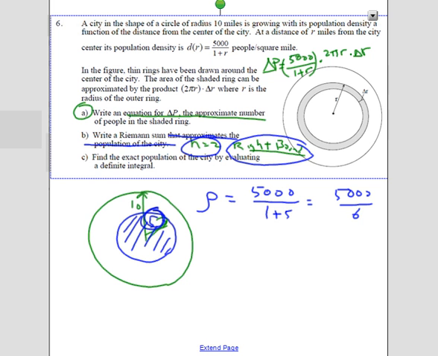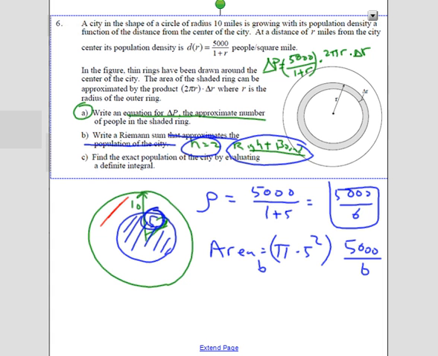So the density is 5,000 over 6, and the area is pi r squared, so pi times 5 squared, that's the area of the blue circle, times our density, which is 5,000 over 6. So that's the population of the blue.